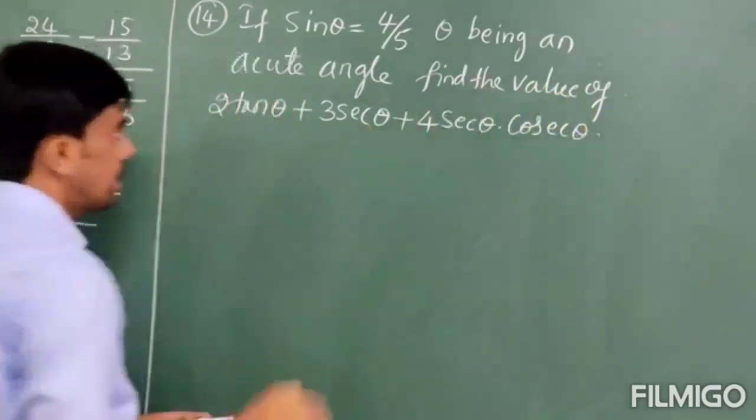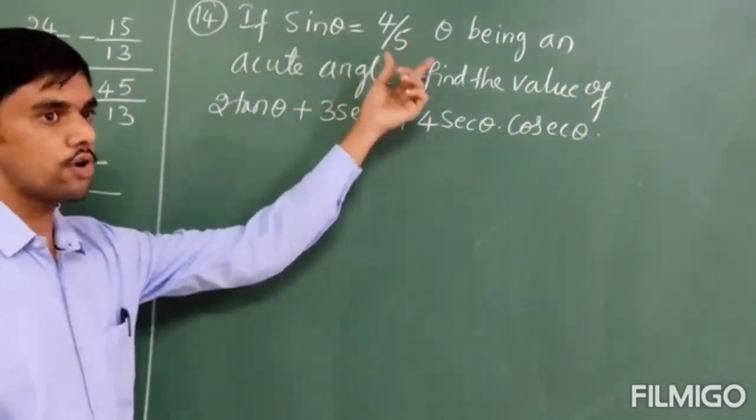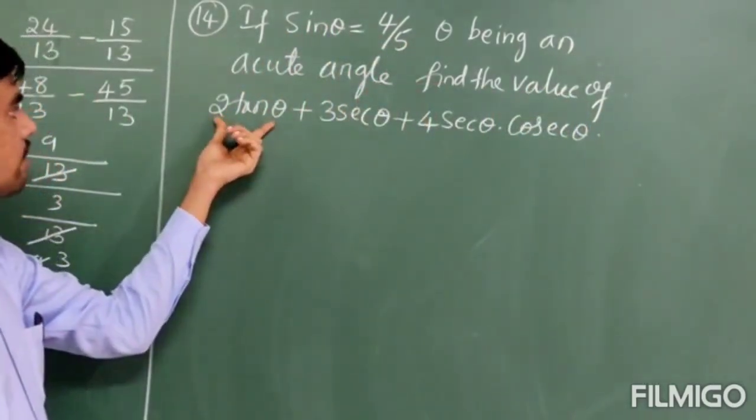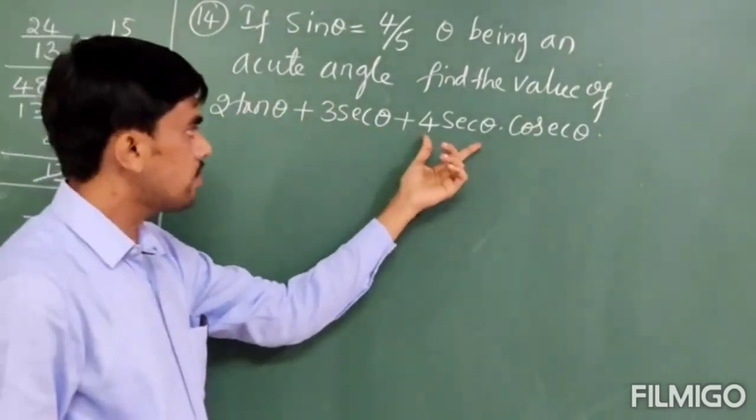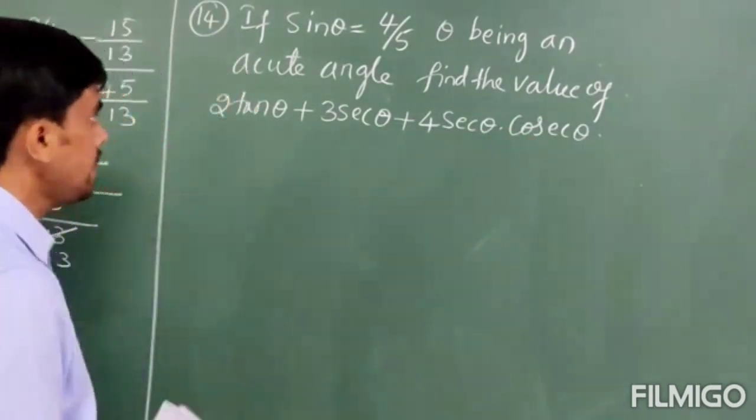So given sin theta is 4 by 5, we have to find the value of 2 tan theta plus 3 secant theta plus 4 secant theta into cosecant theta.